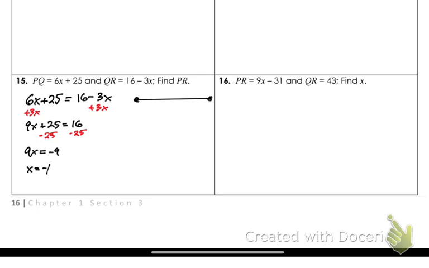PR is the entire length, including PQ and QR. So that would be 19, and negative 6 plus 25 would be 19. And that's the correct answer. Oh, okay. Wait.